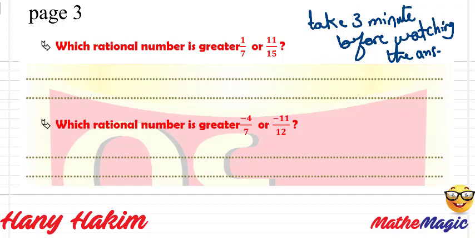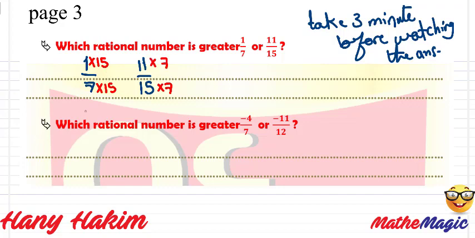So here it says which one is the greater, 1 over 7 or 11 over 15. I'll multiply 7 by 15. I'll multiply 15 by 7. So I'll do the same for the top. This will be multiplied by 15. This will be multiplied by 7.